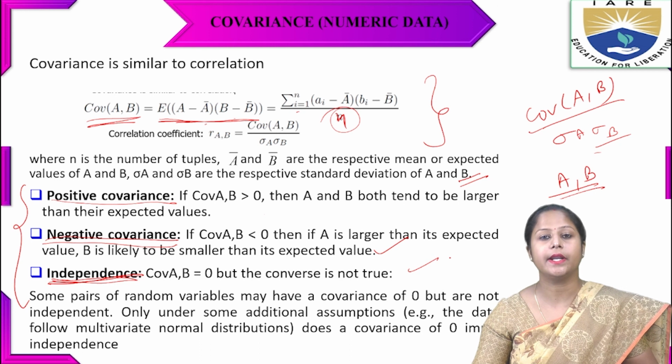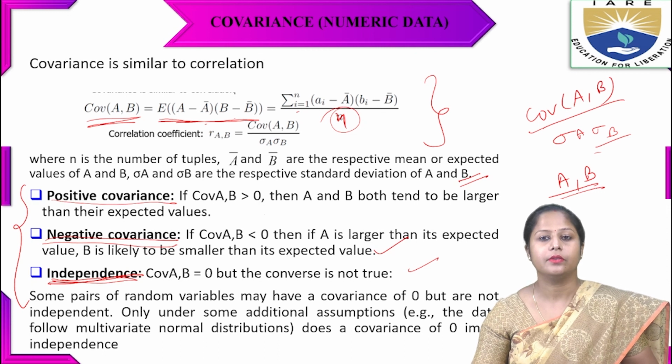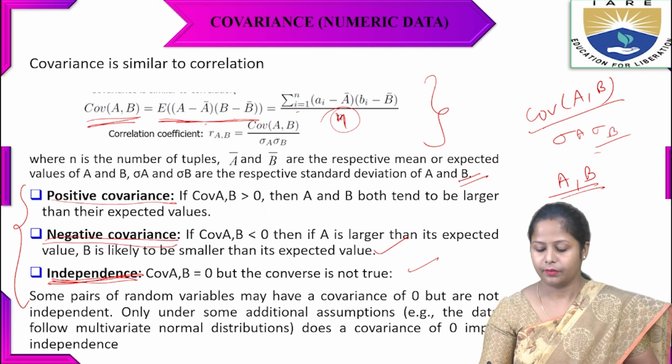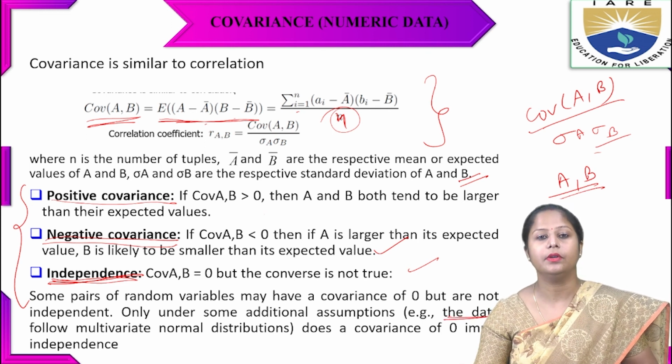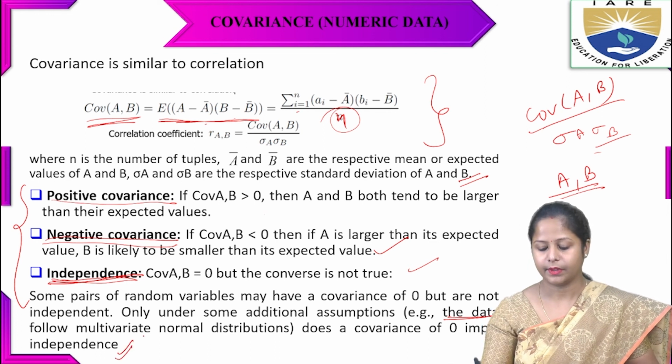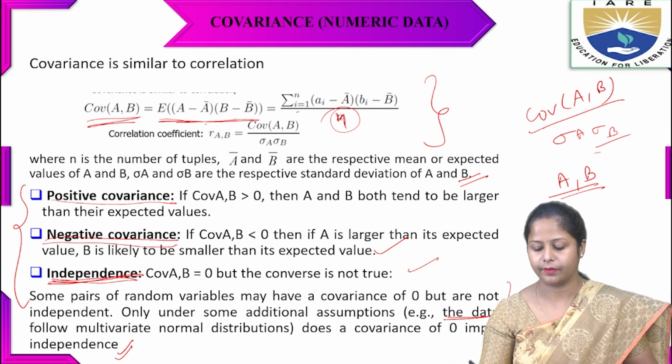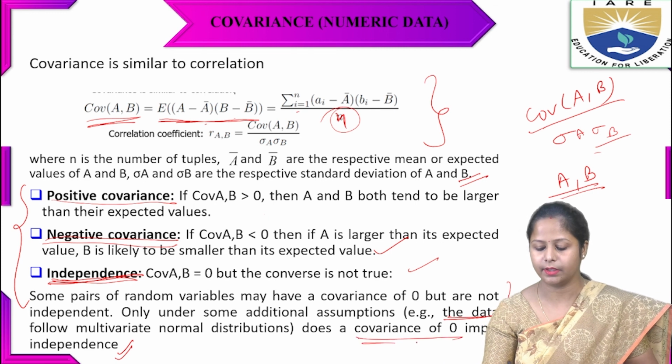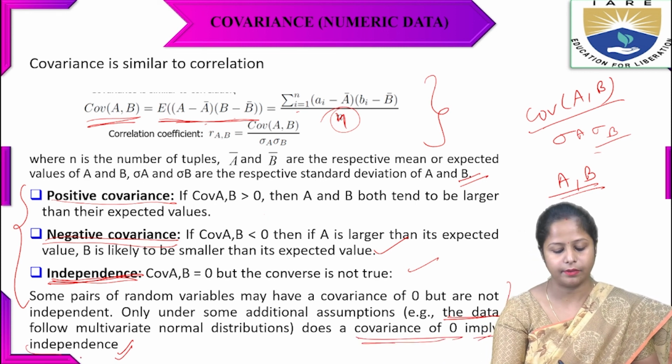Some pairs of random variables may have a covariance of 0 but are not independent. Only under some additional assumptions, for example if the data follow a multivariate normal distribution, does a covariance of 0 imply independence.